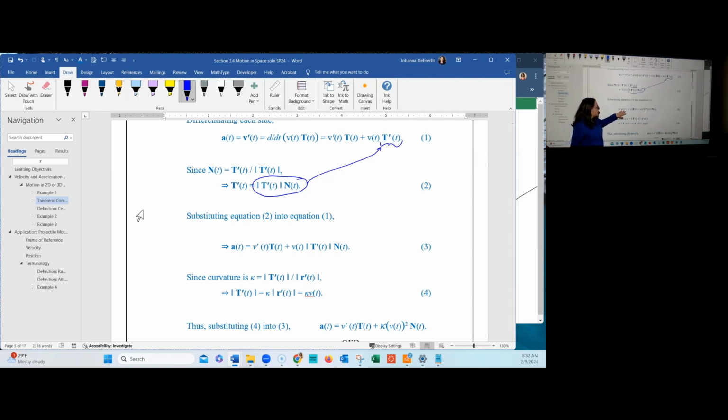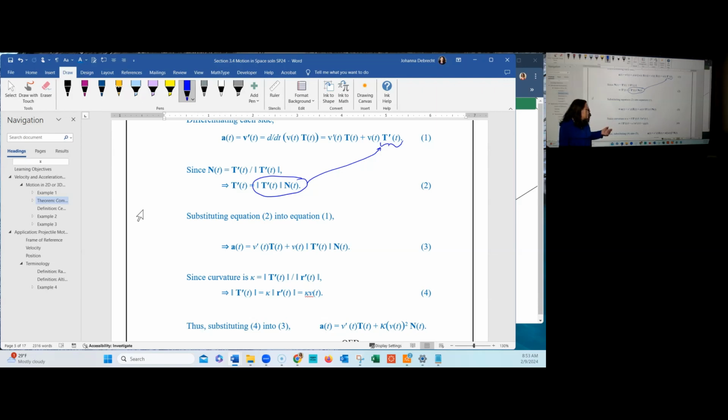We have the acceleration vector is equal to speed, not bolded, v prime of t times the unit tangent vector, plus speed, not bold, v of t, times the magnitude of T prime of t, the unit tangent vector's derivative, times the normal vector.